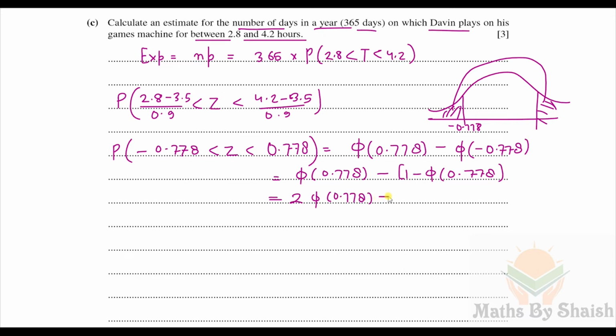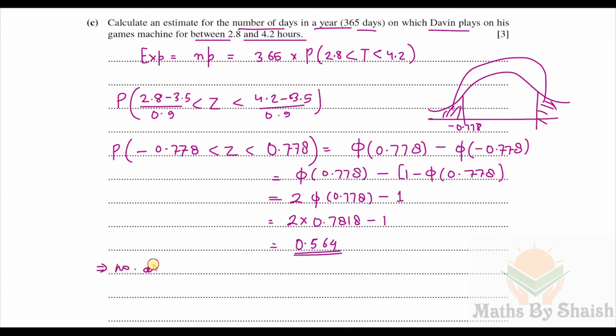That is 2 times the value we calculated in the previous question, 0.7818, minus 1. So 2 into 0.7818 minus 1 is going to be 0.5636. To 3 decimal places, or 3 significant figures, it is 0.564.